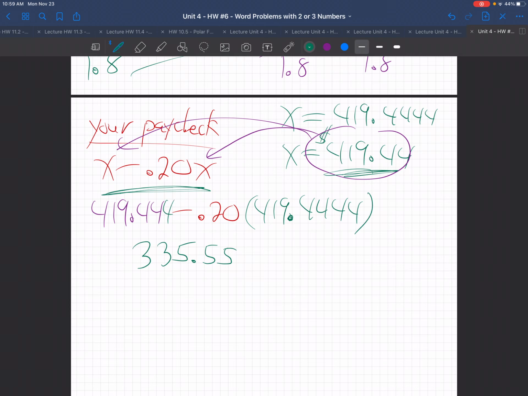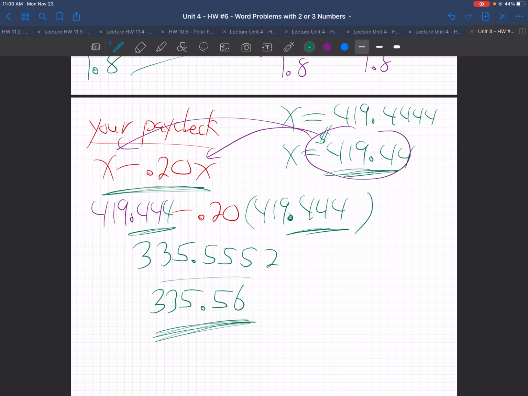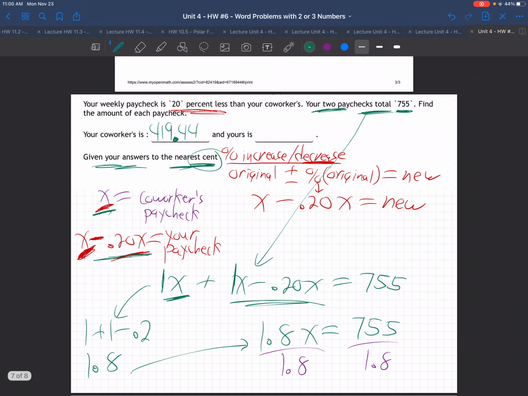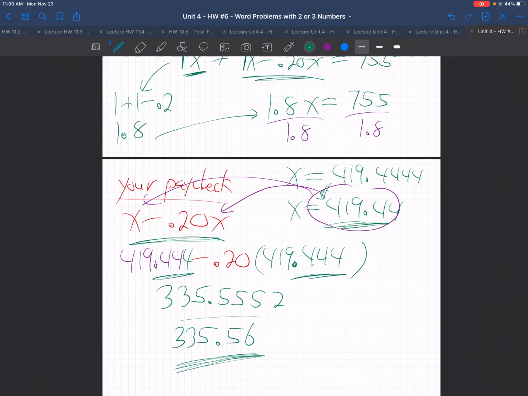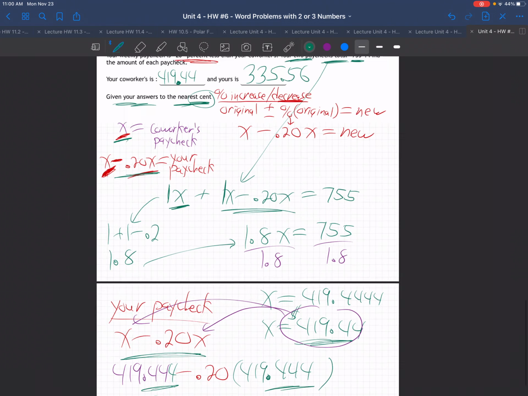If we do that, what you'll find is you get, let me try it, 419.444 times. So, yeah, 335.555. Plug in a little more 4s. Plug in three 4s here. And you get this, which rounds to $335.56. So there we go. That's not an easy question.